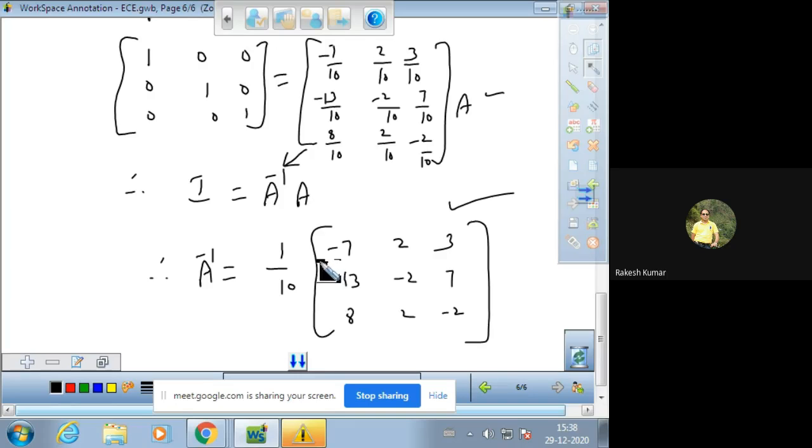यहाँ जब हम लोग गास जॉर्डन मेथड लगाते हैं तो एलिमेंट्री रो ऑपरेशंस का जो सीक्वेंस ऑर्डर है दैट इज वेरी मच इम्पोर्टेंट कि हम लोग किसको जीरो बना रहे हैं और कब जीरो बना रहे हैं. हमें लेफ्ट हैंड साइड पर मैट्रिक्स को आई बनाना है. ऑपरेशंस लगाते वक्त, कैलकुलेशंस करते वक्त you need to be very careful so that it can be easily made as I matrix.